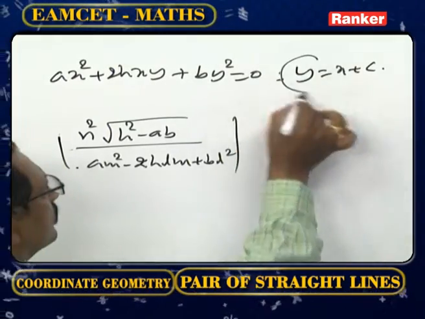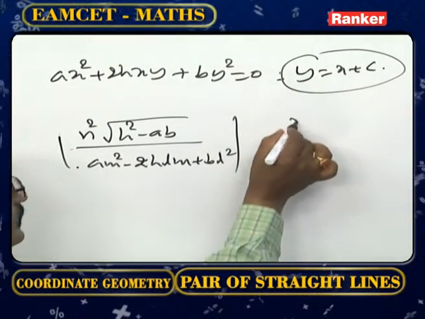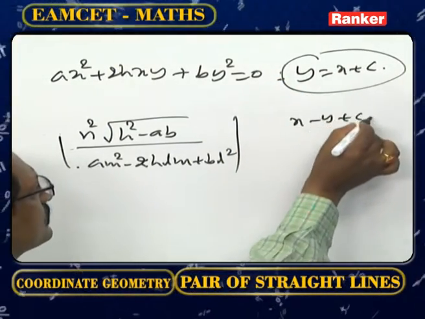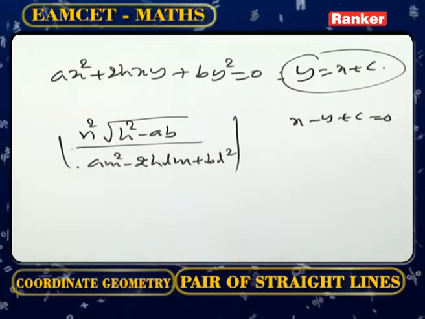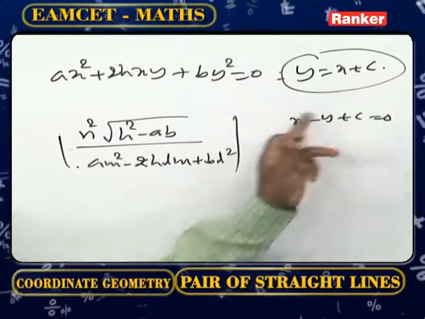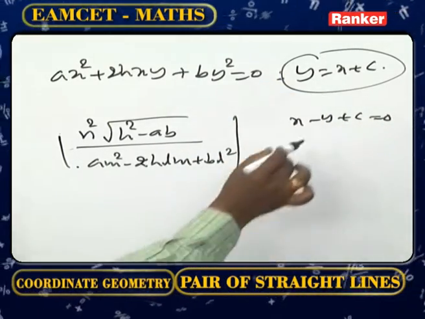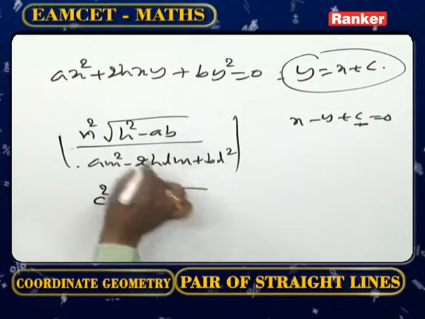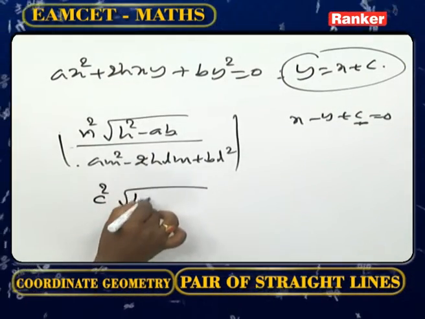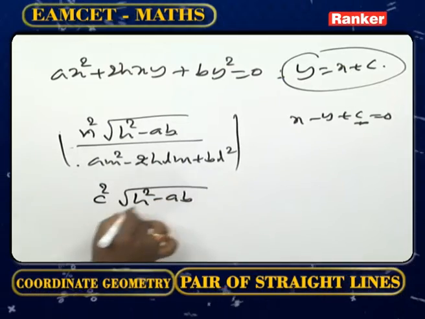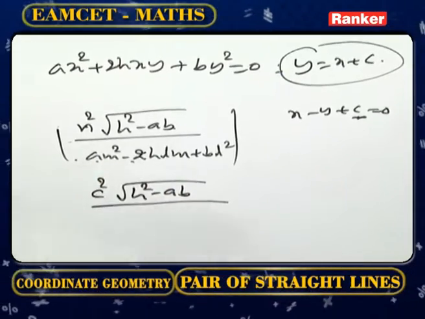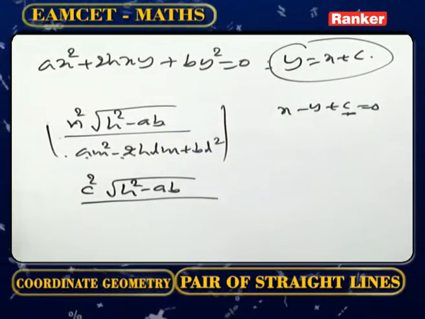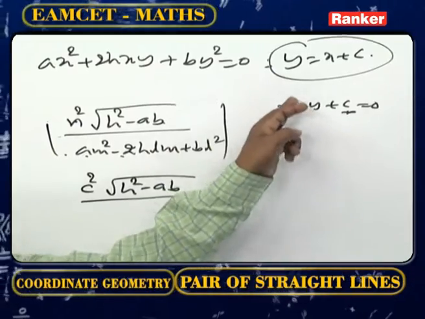Now in the given equation of the line, taking y to the right side, we get x minus y plus c equals 0. Here the value of n is c. Now n square is c square into square root of h square minus ab, same as it is, h square minus ab by am square. The value of m is the coefficient of y in the equation of the straight line.